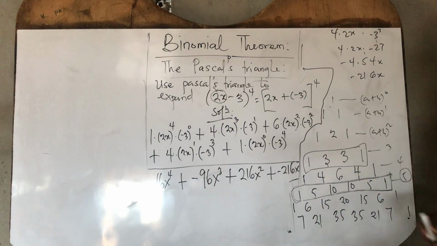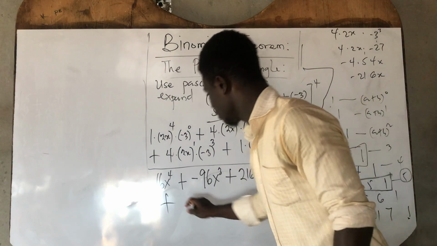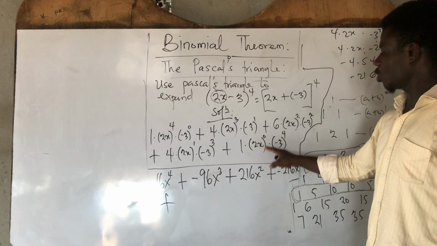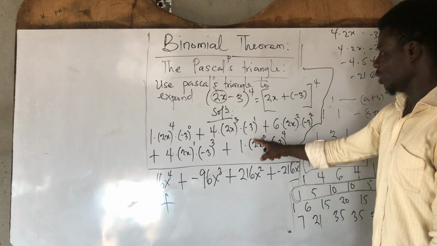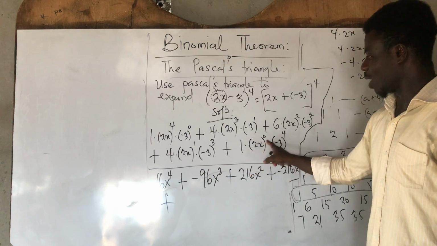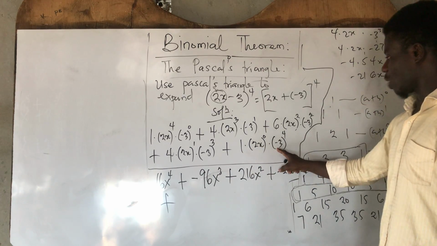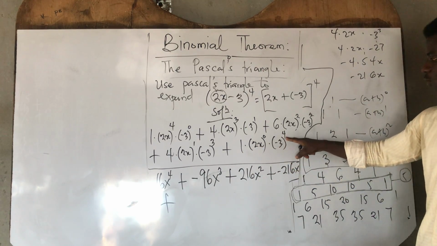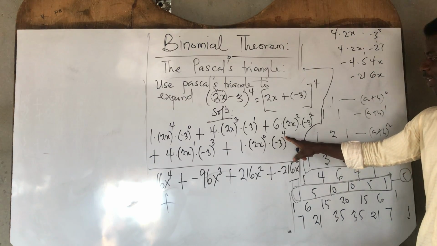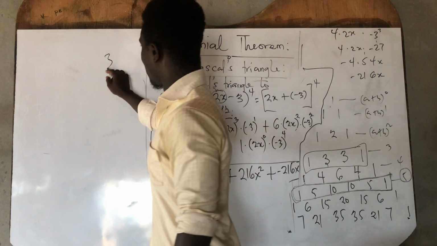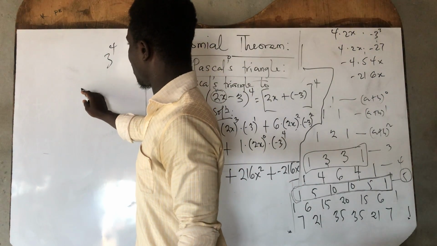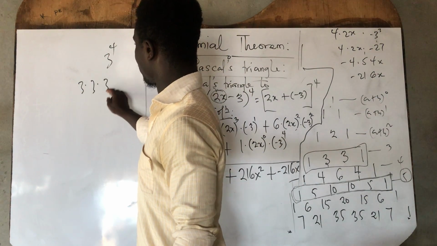Then plus (2x) all to the power 0. This one goes towards 1, and 1 times 1 is 1. So I have (-3) all to the power 4. This 4 is an even number, it takes away the negative, so I'll get 3 to the power 4. 3 to the power 4 means 3 times 3 times 3 times 3.